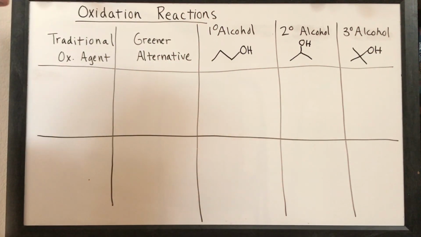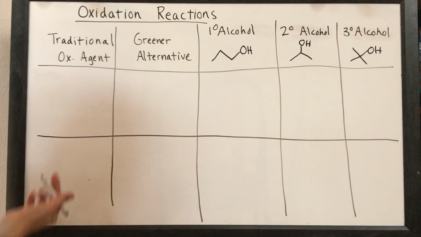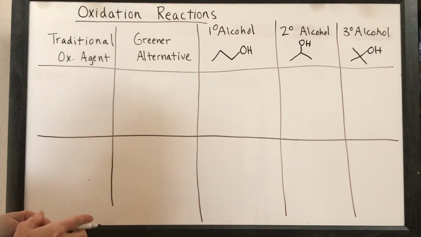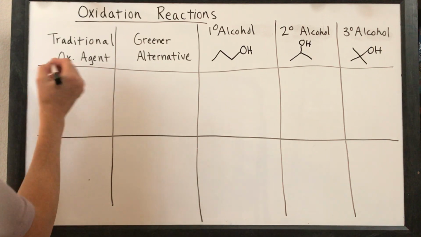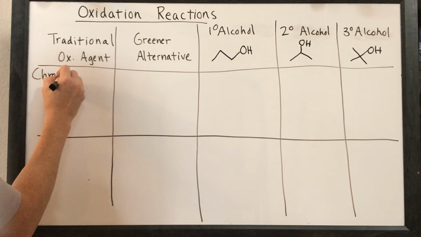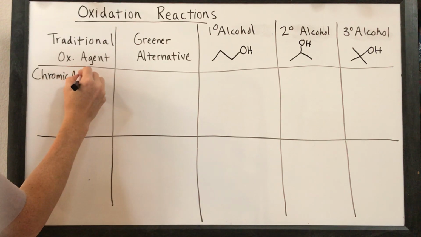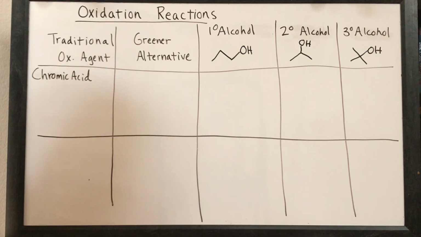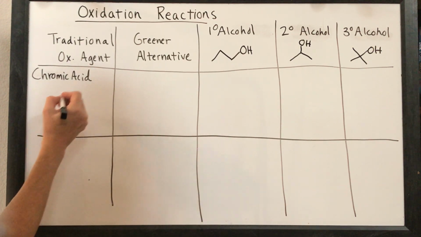to three other carbons. So traditionally, a lot of the oxidizing reagents that have been used in the past contain chromium. So chromic acid is your most common oxidizing agent. And that has the formula, let's say it here, we'll write chromic acid. Chromic acid is usually generated in situ in a reaction.